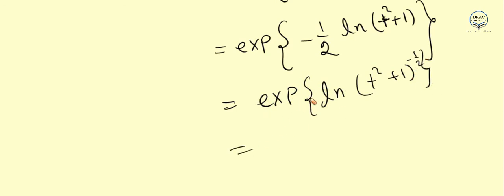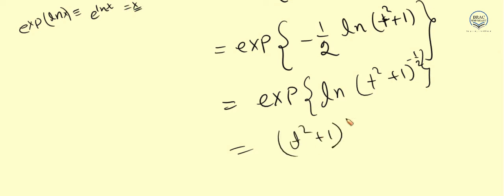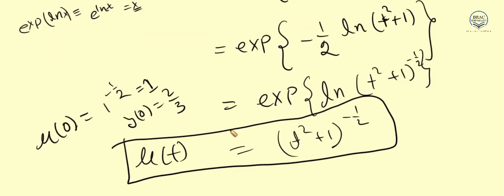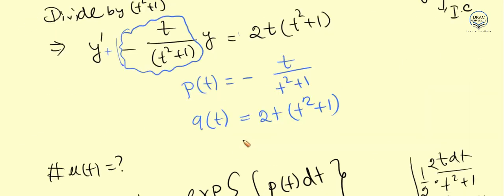And exp of ln, meaning e to the power ln, let's say x over here, this is just x, right? Using this identity, we can write it as (t square plus 1) to the power minus 1/2. So we are done with the first two steps, that is we found our mu of t, and we also reduced the equation into the standard form.